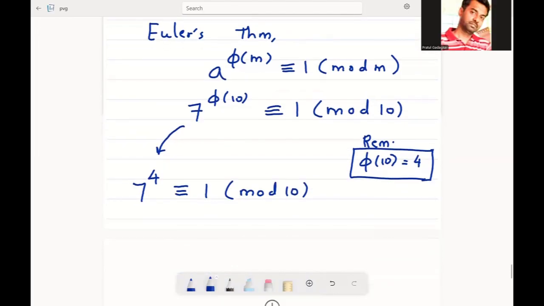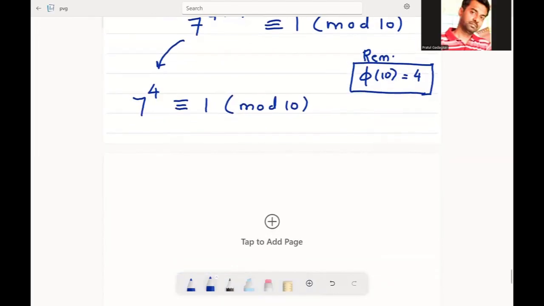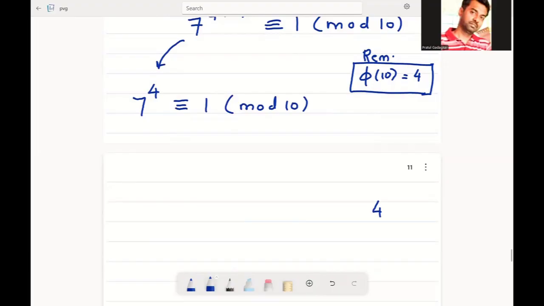Now let's divide the number 46 by the number 4, because we have the fourth power. So I know that 4 11s are 44, and I have remainder 2. So this 11 is the power which I should be taking.